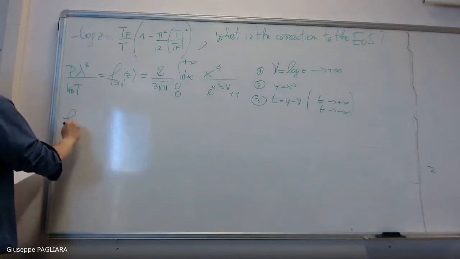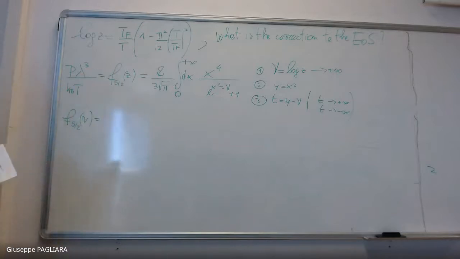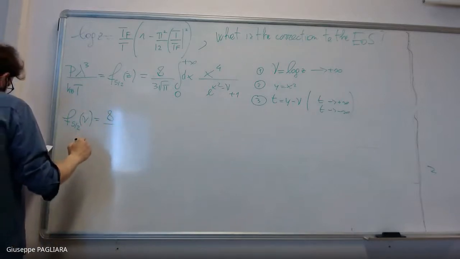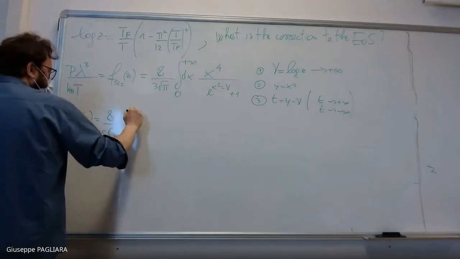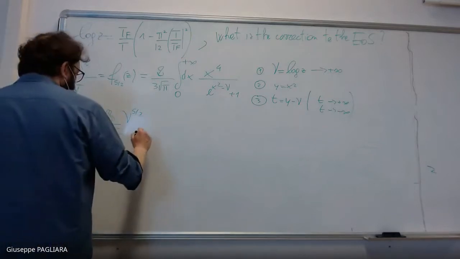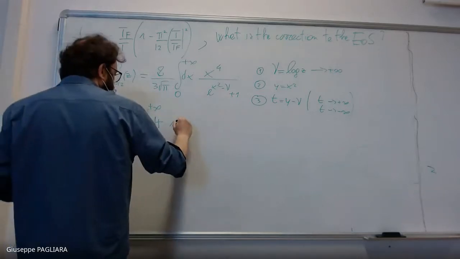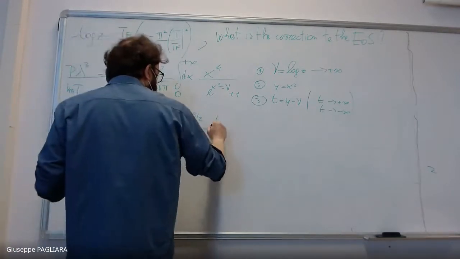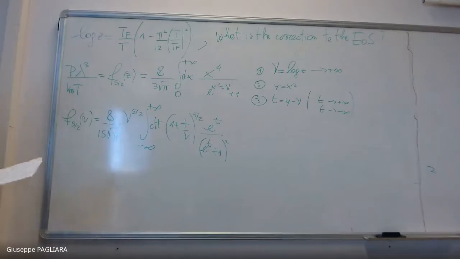So the f phi alpha of mu, by really repeating the calculations that we have done before, just that the prefactors are different, we get 8 over 15 square root of pi, mu to the power of 5 halves, and here we have the integral from minus infinity to plus infinity dt of 1 plus t divided by mu to the power of 5 halves, times e to the t over e to the t plus 1 squared.